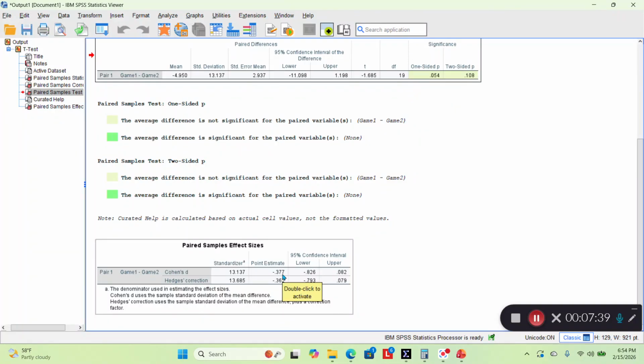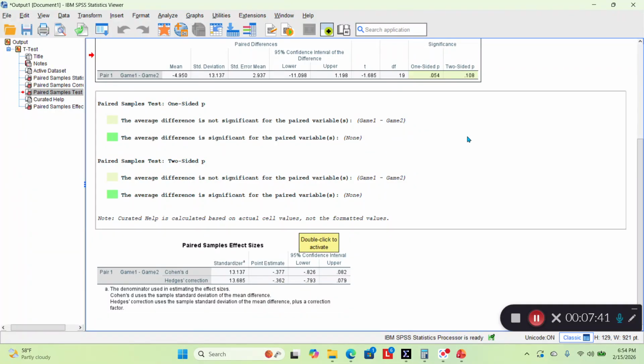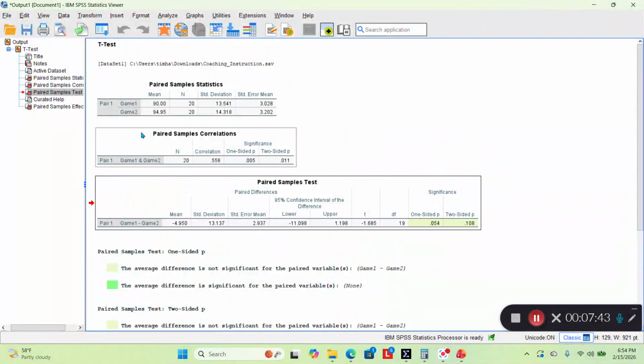Okay, so looking at that, we can see that there is some statistical differences between the two. And just by looking at the data, since we're talking about sports, and instruction, in my opinion at least, is important when it comes to progress, when it comes to performance.